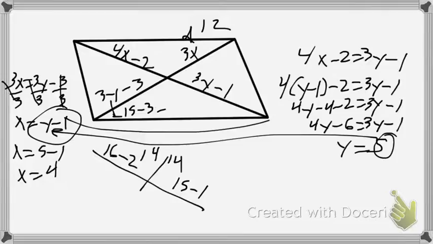And then I drew a little diagram of the diagonals, and you can see that going this way, they both equal 14, and going the other way, they both equal 12. So by finding that x equals 4 and y equals 5, we're able to show that they bisect each other.